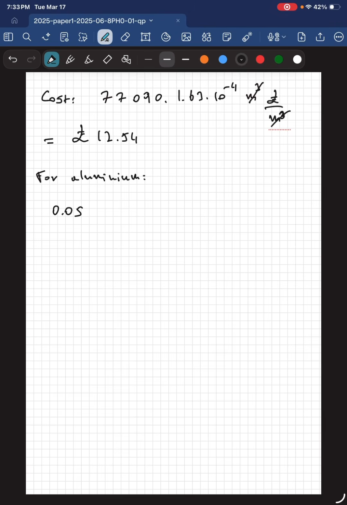Now for aluminum, we have 0.05 equal to 22 squared times 2.65 times 10 to the negative 8 over A. So A is 2.56 times 10 to the negative 4 square meters.